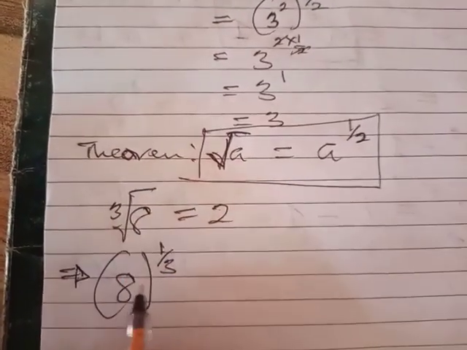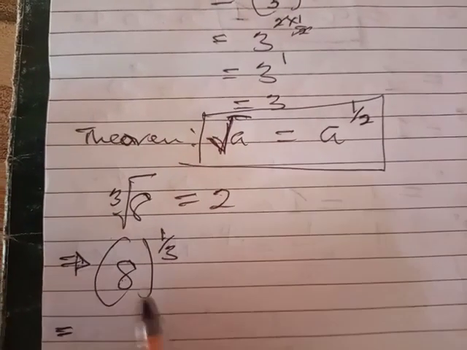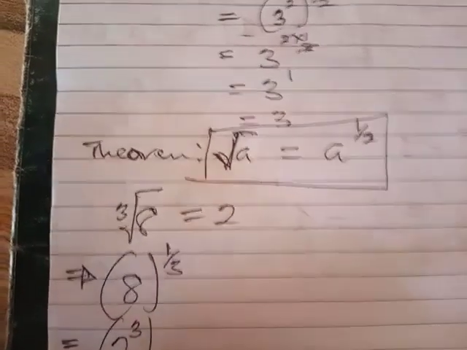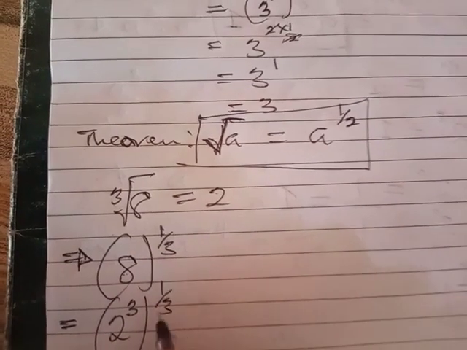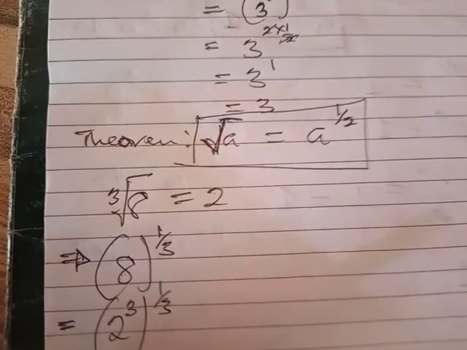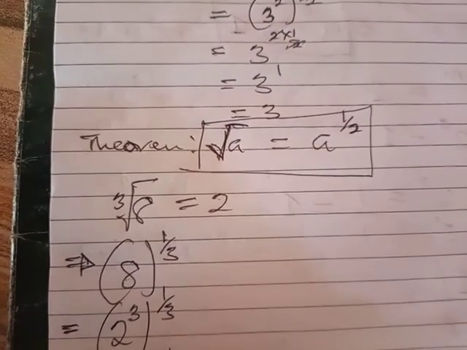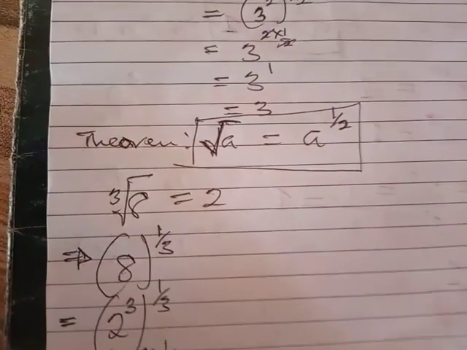The cube root of 8 is the same as 8 exponent 1 over 3. Indices can express 8 in terms of 2, that's 2 multiplying itself 3 times. And this 3 here can multiply the exponent 1 over 3. This 3 cancels that. You'll be left with 2 exponent 1, which is 2.